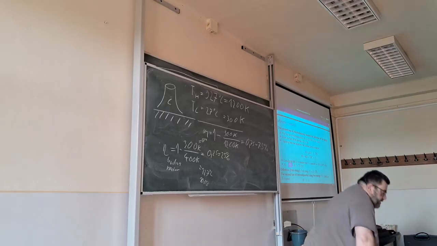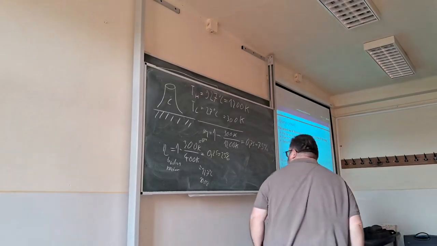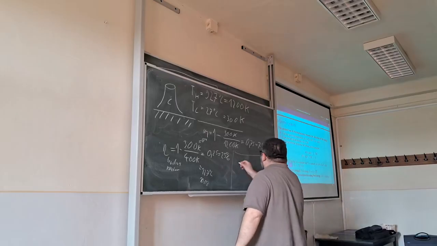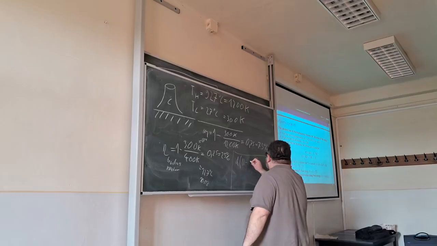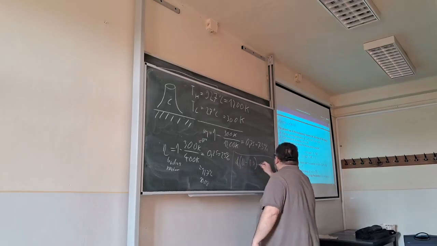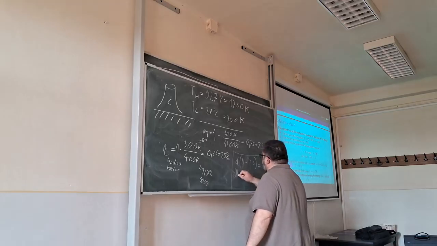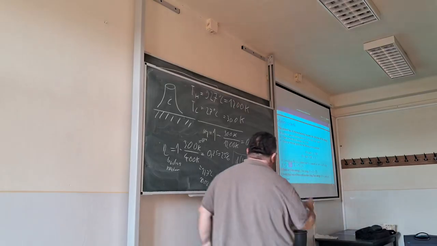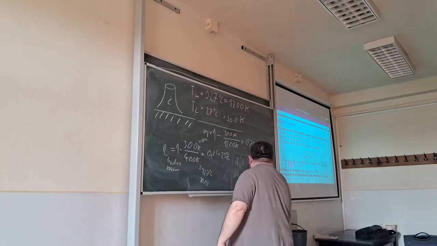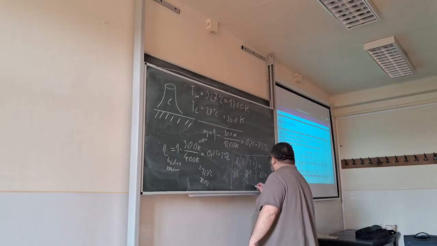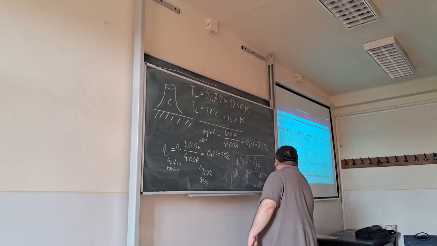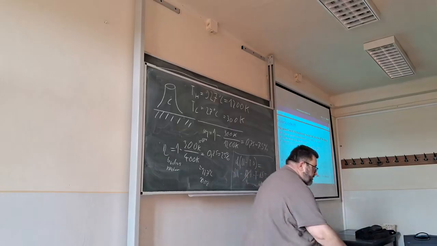Here, we do again the same thing like last time. dT was 0. So this was this.